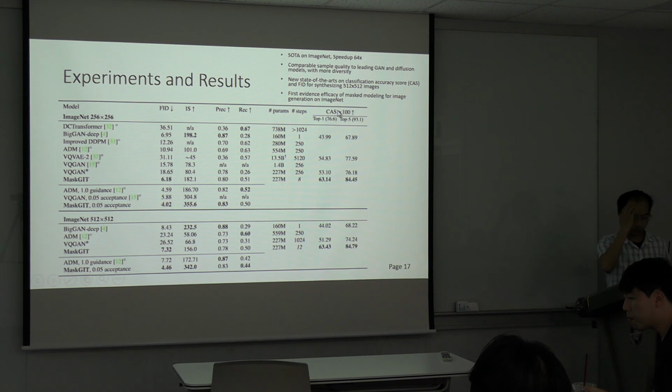And another metric they compare is the CAS, classification accuracy score. They try to generate some classes of ImageNet and try to do the classification on the generated images. And we saw that this model can generate output classes that are much better compared to the previous approaches.